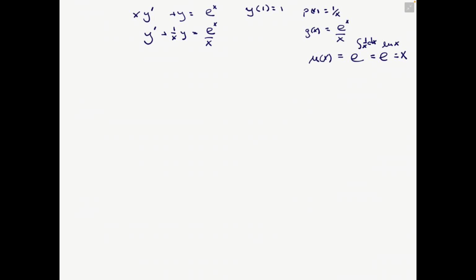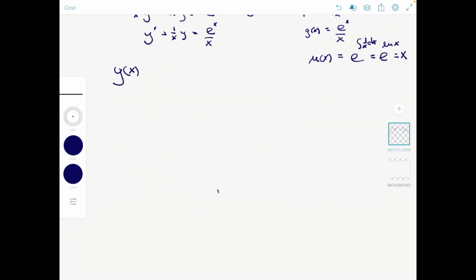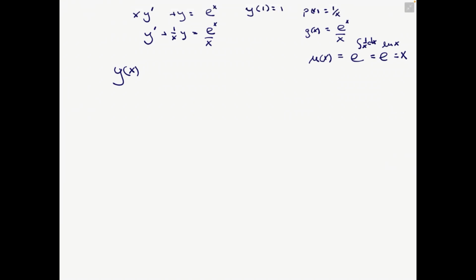Okay, so we got all our necessary elements, factors to solve our problem. We got 1 on x, integral of e to the x on x dx plus c on x.